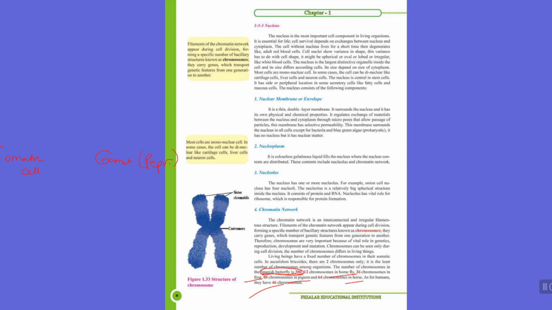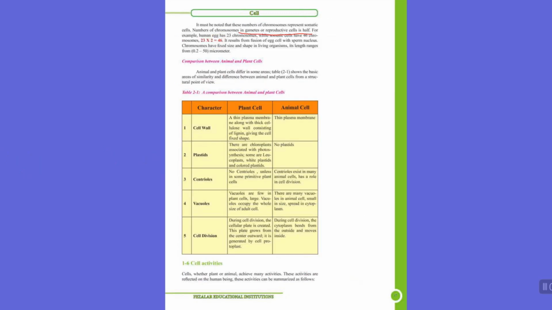We just divide it by 2, so 190 chromosomes for an egg cell in the Spanish butterfly. And we need to know from that part that a somatic cell, muscle cell, bone cell, or blood cell has the full number, but only a reproductive cell has half the number of chromosomes.